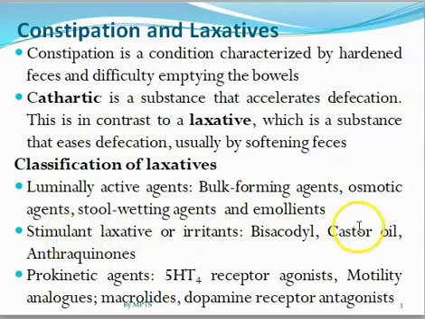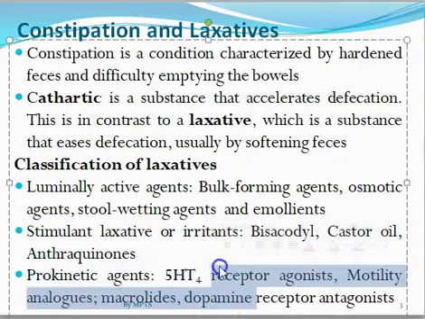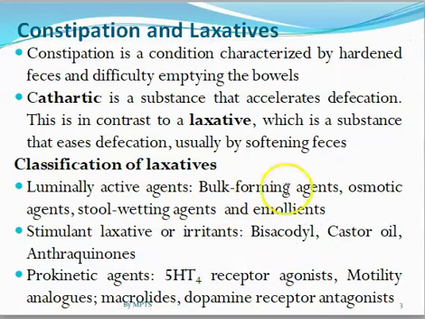We have bisacodyl, castor oil, and anthraquinone, which is a product of pharmacognosy, and the prokinetic agents such as 5-HT4 receptor agonists, motilin analogs, and dopamine receptor antagonists. All these can be classified as laxatives. However, the common ones in pharmacies are bulk forming, osmotic, and bisacodyl.